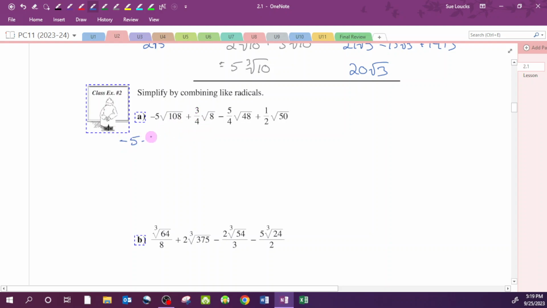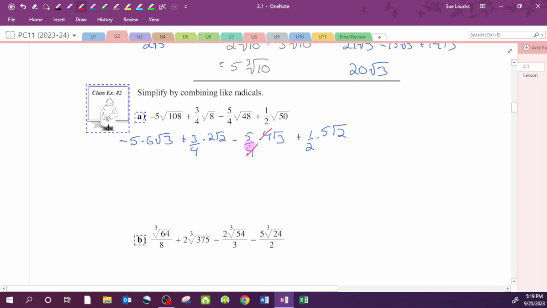So this is going to be 5 times 6 root 3 plus 3 over 4 times 2 root 2 minus 5 over 4 times 4 root 3 plus 1/2 times 5 root 2. Okay, I can do some simplifying.